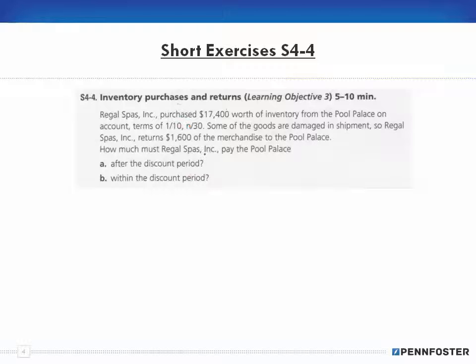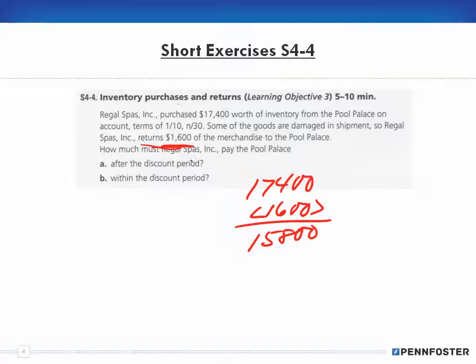So after the discount period, we purchased $17,400 with terms of 1/10, net 30. But then there was a return of $1,600, so we have to take out the $1,600. So for A, the difference between the two is $15,800. So after the discount period, we're talking about $15,800.